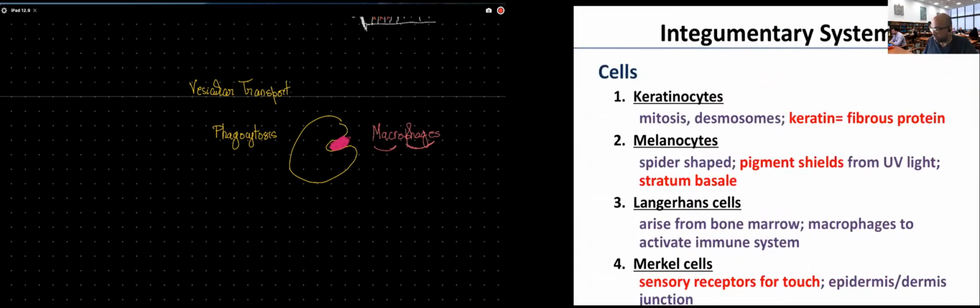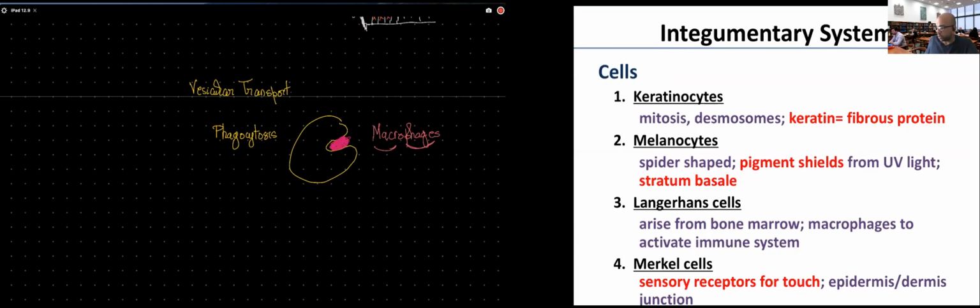Langerhans cells arise from the bone marrow, and they are macrophages responsible for activating the immune system. As we mentioned here, those macrophages are the first line of defense against pathogens like bacteria trying to invade your body. So this is the very first line of defense that we've got in the skin in terms of immune cells.